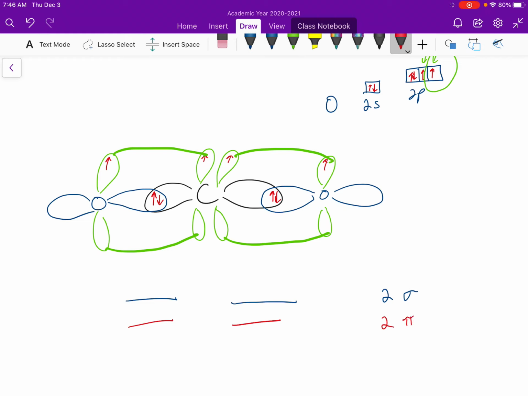We have 2 pi bonds. And we're going to talk about this shape a little bit later on, but that gives you an idea. So CO2, the carbon only has 2 things connected to it. Therefore, it only hybridized 2, right here and right here. It only hybridized those 2 orbitals of itself. So this is just called sp, right? 1s, 1p smushed together.